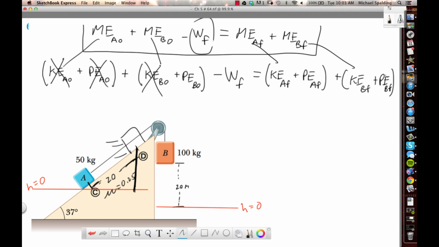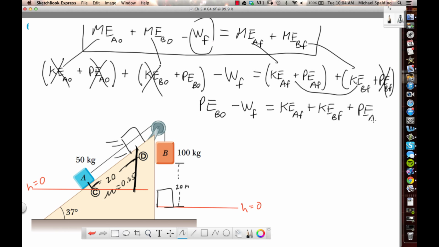Does it end with potential? No, because object B ends on the 0 point. So what we're left with is this. Potential of B initial minus the work of friction equals kinetic A final plus kinetic B final, and then plus potential of A final.